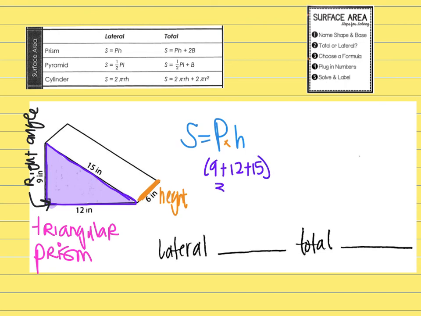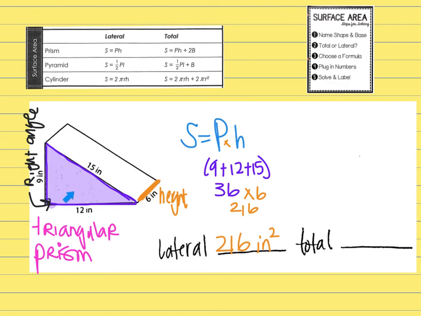That makes 36. And then the next step for finding just lateral surface area is multiply it by the height, which we just color coded and labeled as 6. So 36 times 6. And that will be 216. So my lateral surface area is 216 square inches.